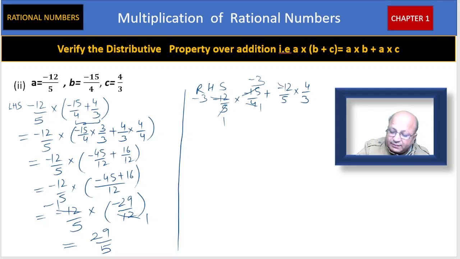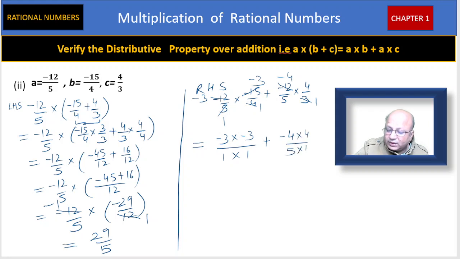So minus 12 divided by 3 is minus 4 and 3 divided by 3 is 1. So minus 3 into minus 3 upon 1 into 1 plus minus 4 into 4 upon 5 into 1 will be minus 3 into minus 3 is 9 upon 1 plus minus 16 upon 5.